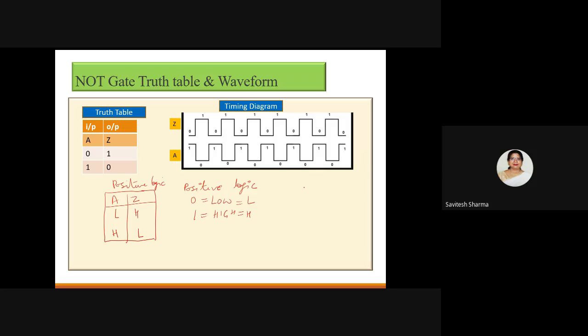And suppose I am again writing a truth table using negative logic. You see the difference.